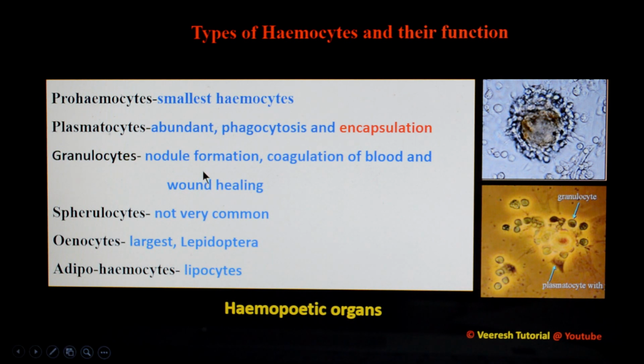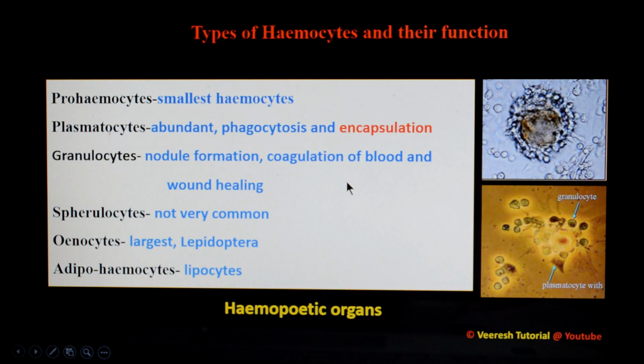Nodule formation means a large number of bacteria or fungal spores enter the insect body. These granulocytes recognize them and release their content, called coagulum, and the invaders are trapped in the coagulum, which forms a nodule-type or knot-like structure.